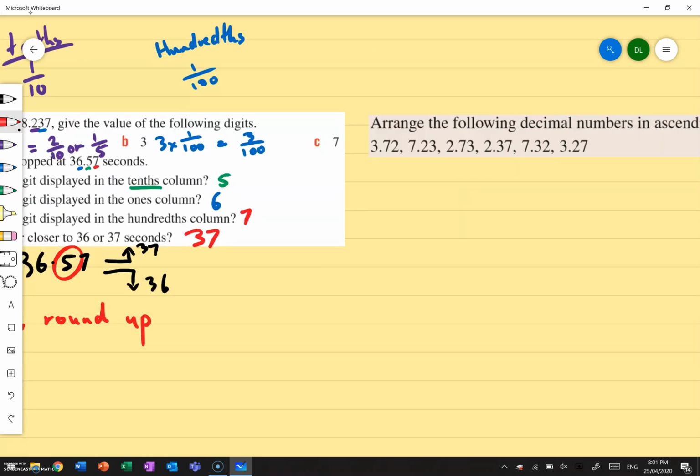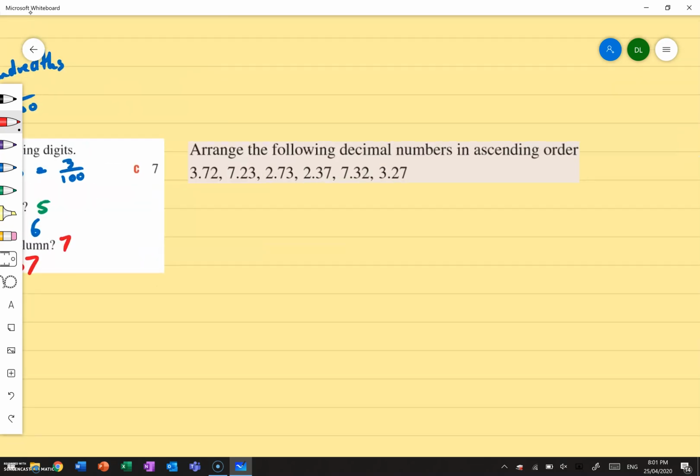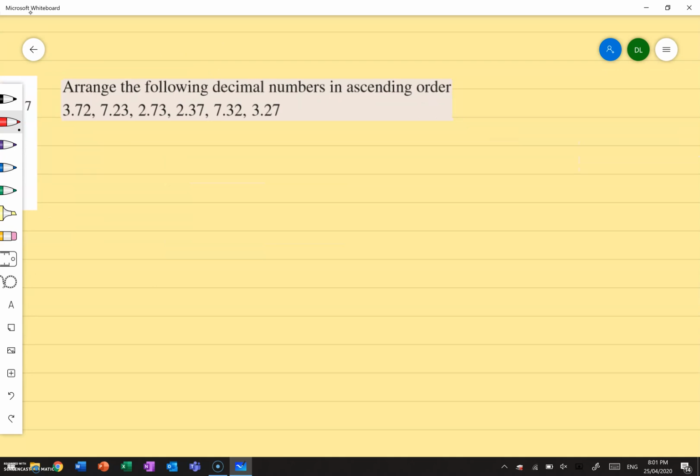Okay, let's do this one here. Arrange the following decimal numbers in ascending order. So I've got to think about ascending order. Once again, that is from smallest to biggest, smallest to largest. All right, so what value? These are all ones, tenths, and hundredths, right? So what value holds the most importance?